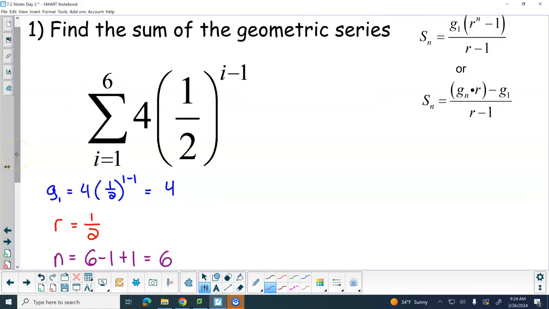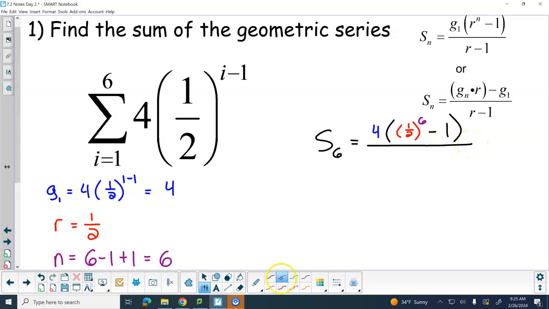Now it's just a matter of plugging it into this one. So the sum of the first 6 terms is the first term, which was 4, times my R value, which was 1/2, raised to the 6th power, all over... now I'm going to do some math. 1/2 to the 6th power.